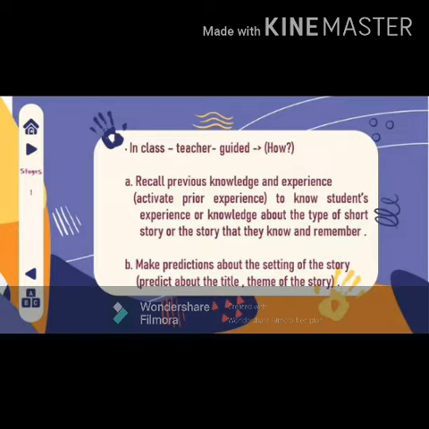From this activity, we can find out the experiences or knowledge of students about the types of short story or stories they know and remember. B. Making prediction about the setting of the story. We can build students' prediction by asking about the title, story theme, or the number of characters.